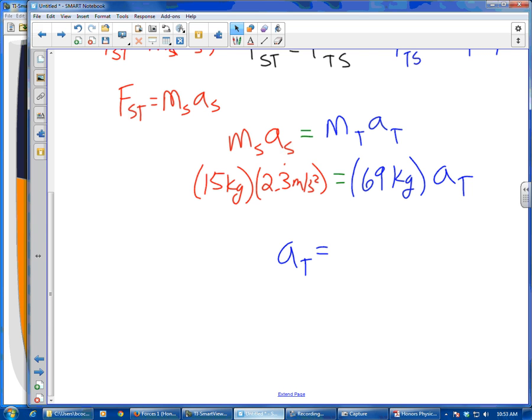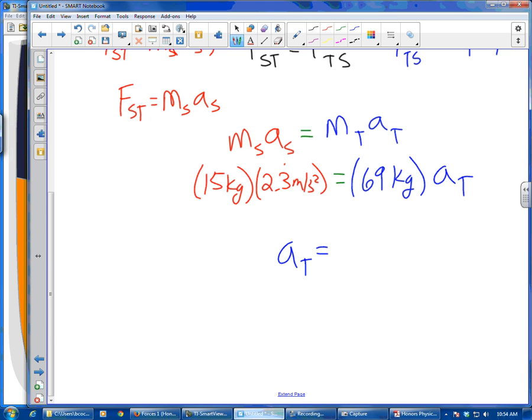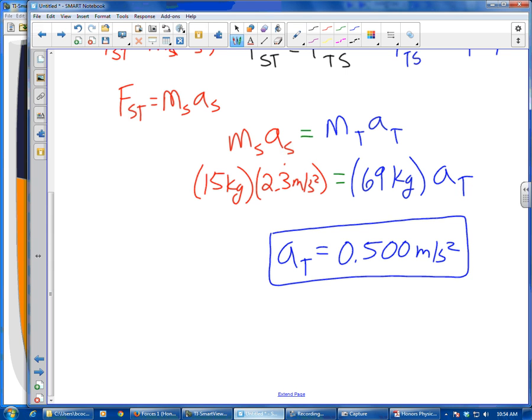So I'm going to go to my calculator and do 15 times 2.3, all divided by 69, and I get 0.500 meters per second squared, which hopefully will be my correct answer.